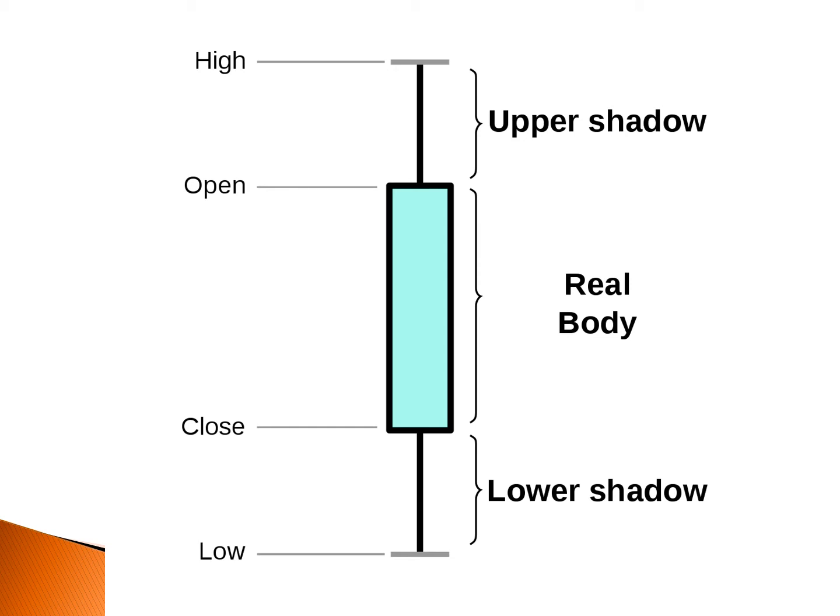If you look at that very thin wick-type part that goes on the top for the high, or the very thin narrow wick-type part for the low, these are called wicks, and what they represent is a rejection. Ultimately, as a stock goes down and up, it tests certain levels.